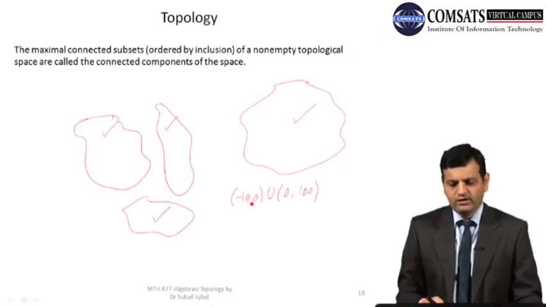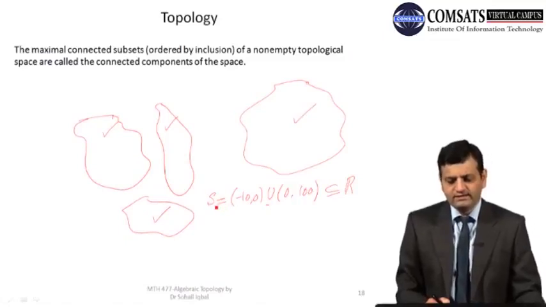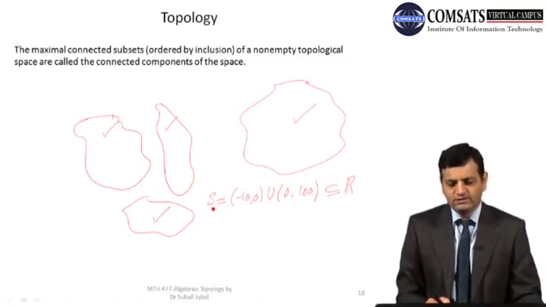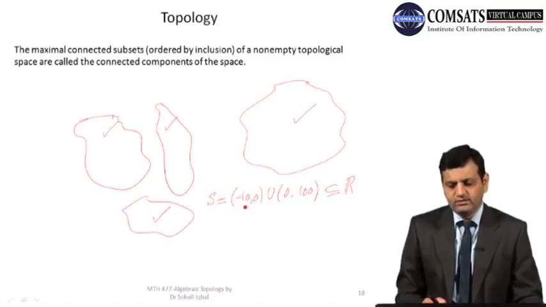In this example, it is not a connected topological space. When I'm saying it's a topological space, it means that I'm taking this S as a subset of R, and I'm taking the induced topology, or relative topology, from R onto this subset. So this set S is a topological space under this induced topology, and it is not a connected space.